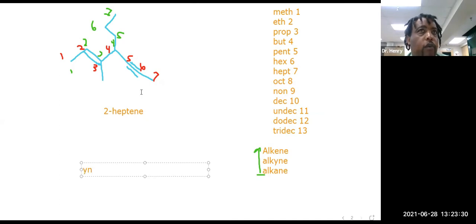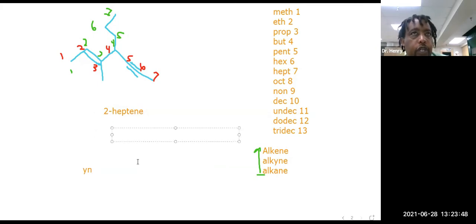If we use it as part of the last name, if it was just a triple bond, we use YNE. So there's a couple of ways that we could do this. I'll show you another way that we could write this.